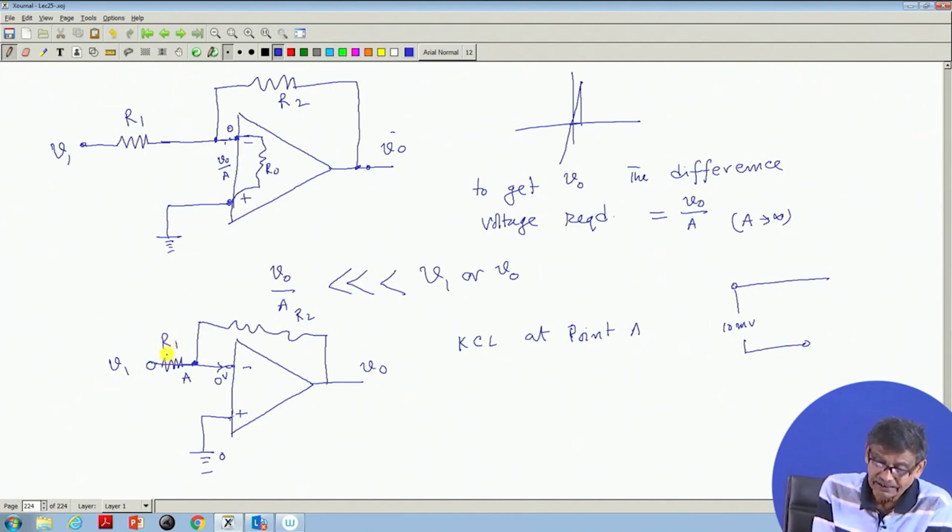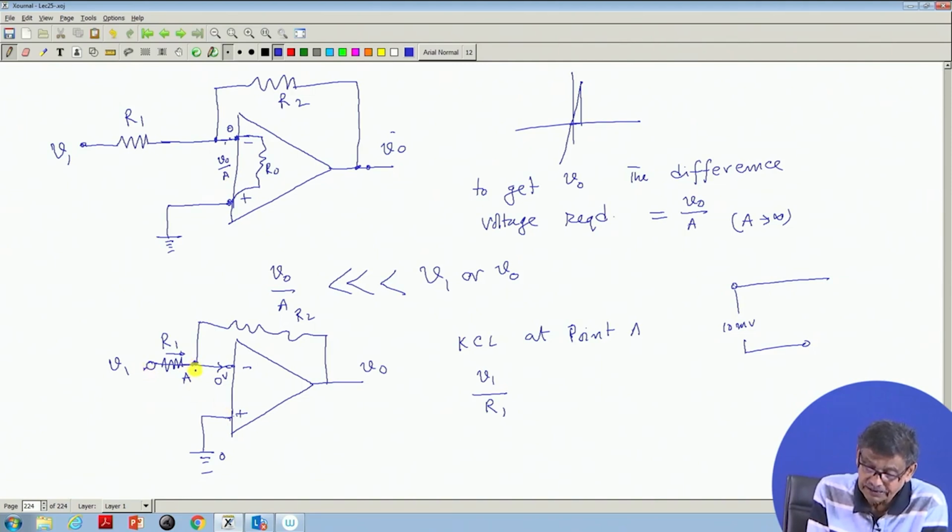Therefore, what will be the current in this path? This current will be V1 by R1. Why V1? V1 is with respect to this point, this is the potential, but this point is also here, because no drop takes place here. Potential difference between these 2 points is also 0.